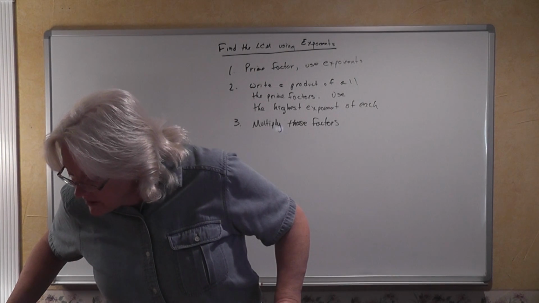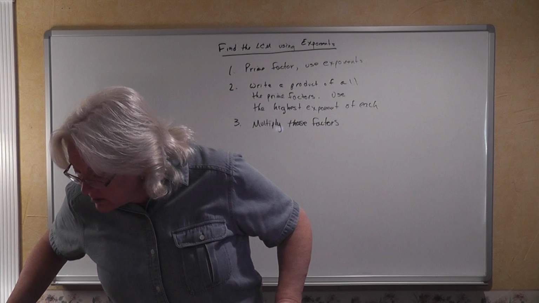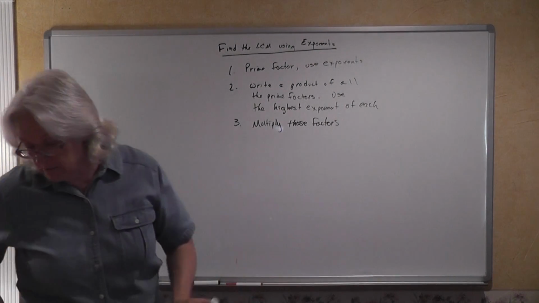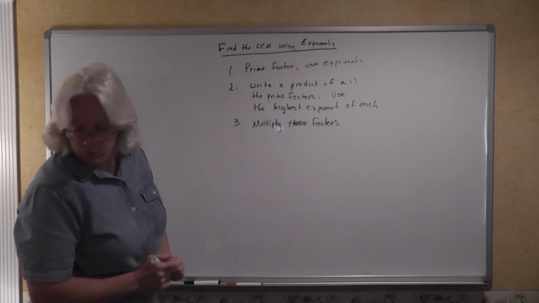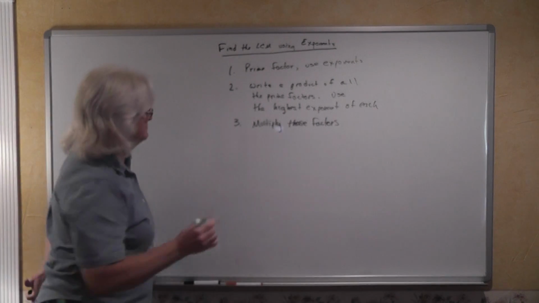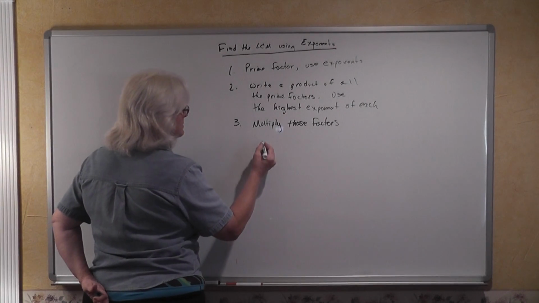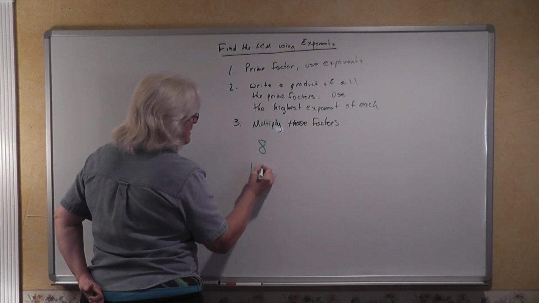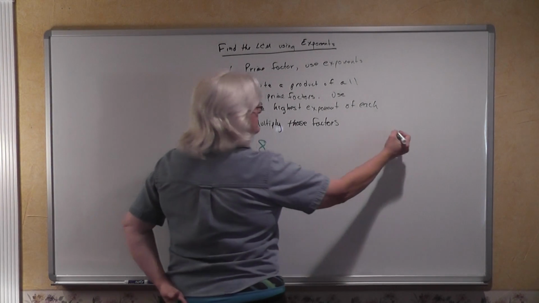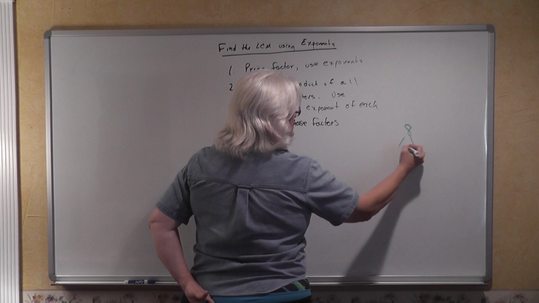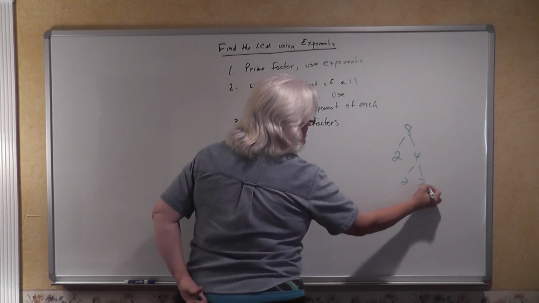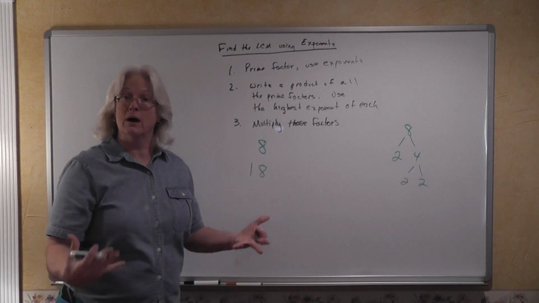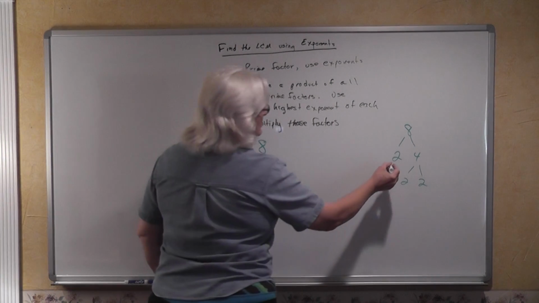So we have 8 and 18. Find the LCM of each pair using prime factorization. We have 8 and we have 18. 8 prime factors into 2 cubed, because you have 2 times 4 is 8, and then 2 times 2 is 4.